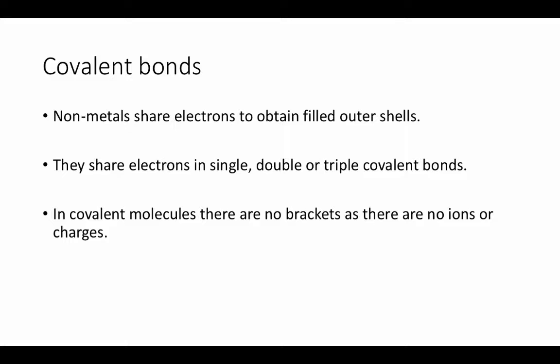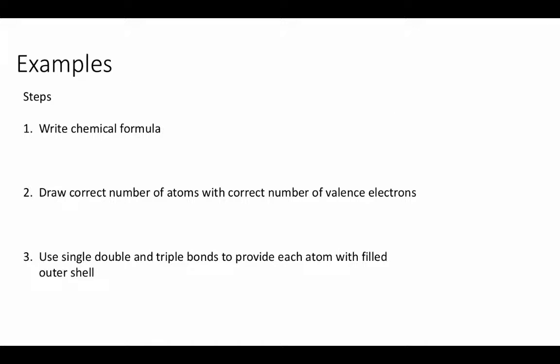It's important to know that when you're drawing covalent molecules as Lewis structures, you do not do brackets because there are no ions and therefore no charges. These are the steps. So write these steps down, and then you're going to practice some covalent compounds.